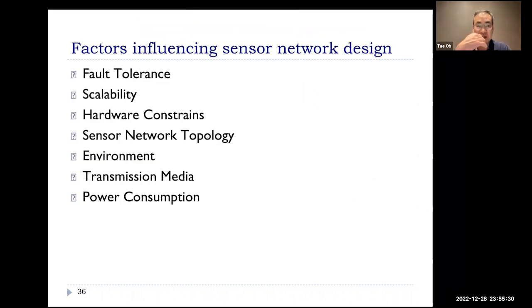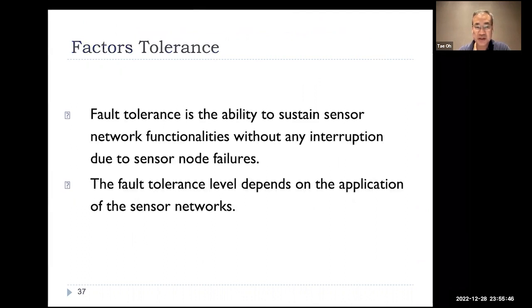So when you consider the network design, you have to think about the fault tolerance, scalability, hardware constraint, sensor network technology, topology, environment, transmission media, and the power consumption. All of those are important items to consider. So for example, fault tolerance: how can you provide all the functions and capability, have a continual connection without being interrupted, right?